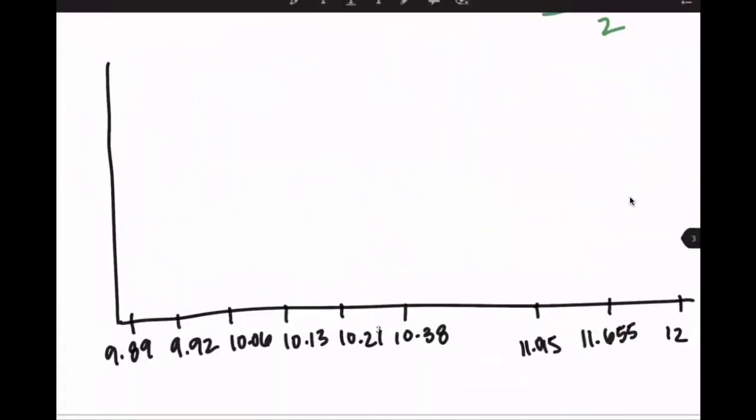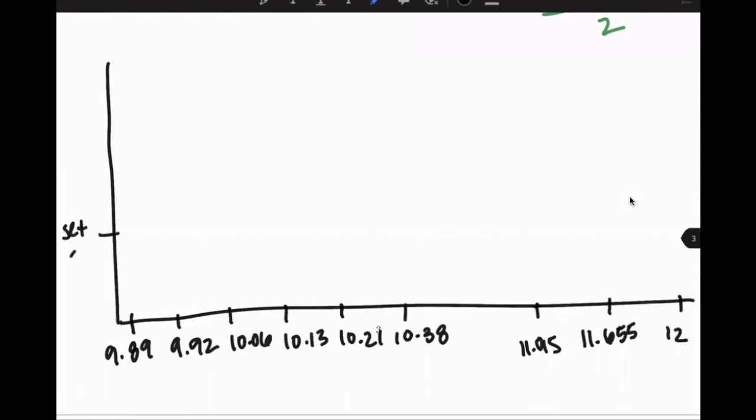As y'all can see, I left a big gap between 10.38 and 11.015 because that is a bigger numerical jump than the rest of our numbers have been. Like 9.92 and 10.06 are pretty close together, but 10.38 and 11.015 aren't that close together. So I just spread them apart a little more.